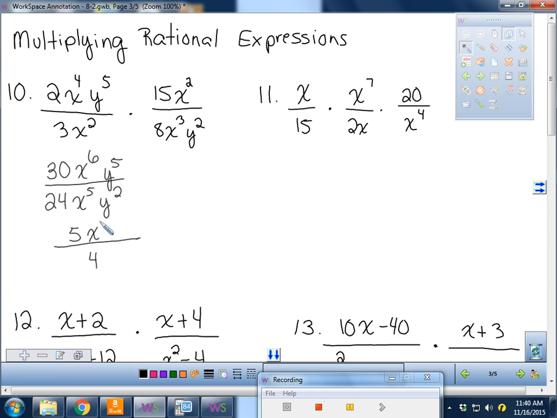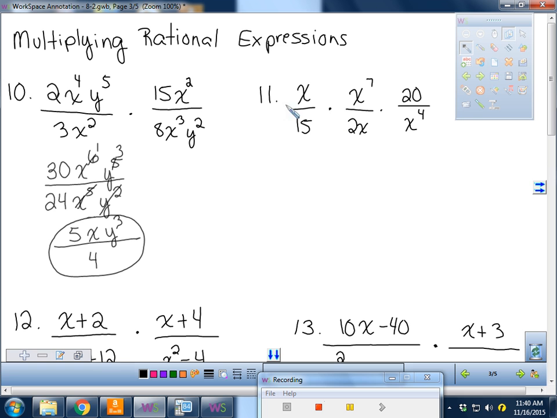So that would just be x to the 1st. And then I have 5 y's on top and 2 y's on bottom. 5 minus 2 would give me a y to the 3rd. All right? You can also think of it like this. There are 5 to take from here. That would leave 1 here. There are 2 to take. That would leave 3. All right? And that's my answer.